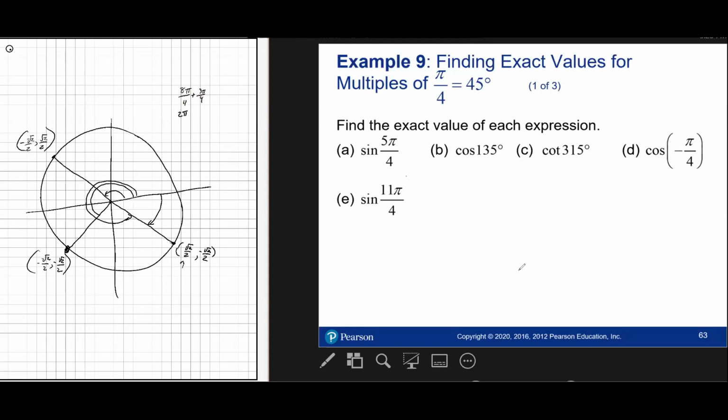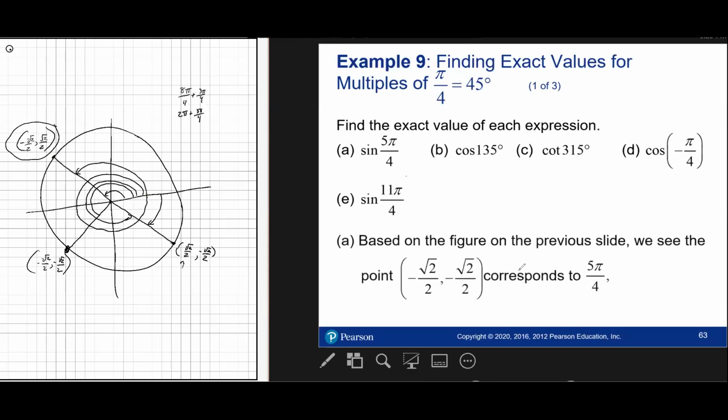So I go around once, and then I go 3 pi over 4, which is going to be over here. So that's the same terminal side as 135 degrees, which has these coordinates on the unit circle. So that'll tell us what the cosine and sine, the trig functions, are. Sine is the y value, so that's square root of 2 over 2. So it's just a matter of finding out where you wind up.